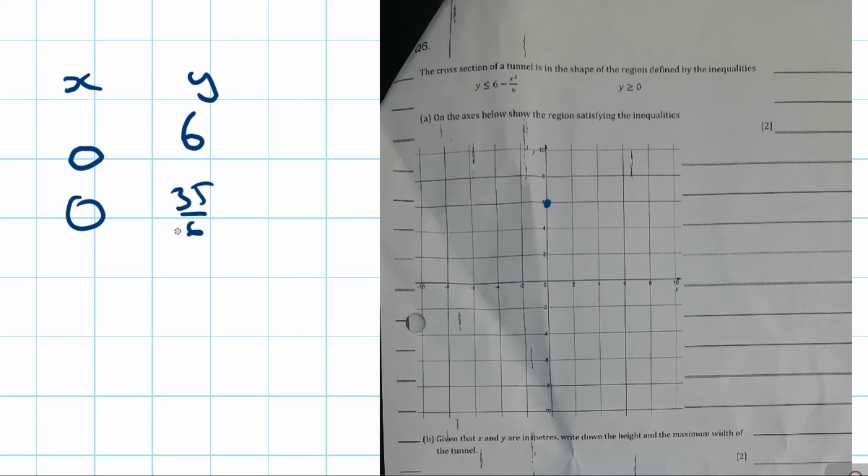That's quite an annoying one to do, so let's do x is 2, because each of these breaks down nicely. For when x is 2, 6 minus 2 squared over 6 is equal to 16 over 3, which is 5.33, so it'll be somewhere around here.